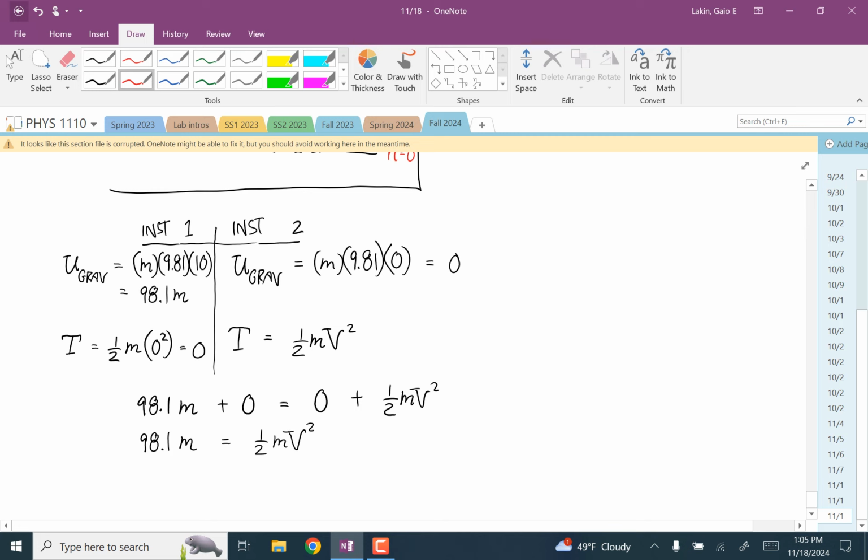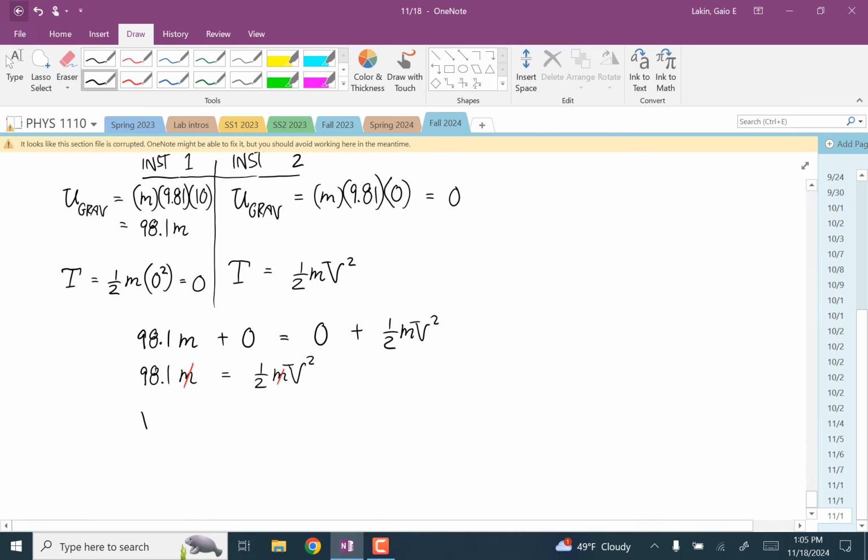You can divide both sides by m, and you get that v squared is equal to 196.2. So v is equal to 14.01 meters per second.